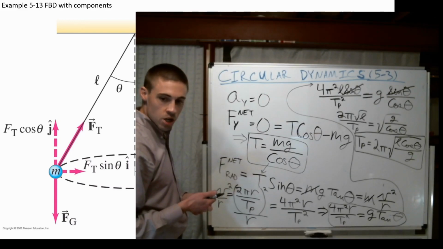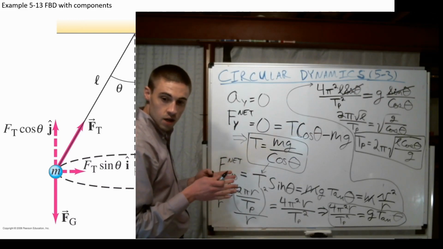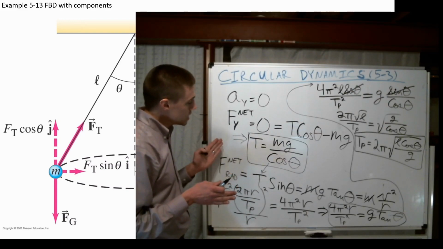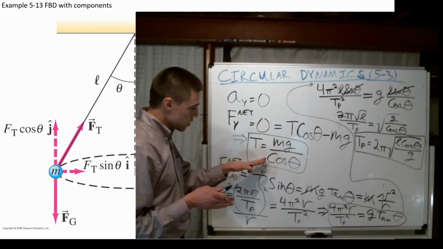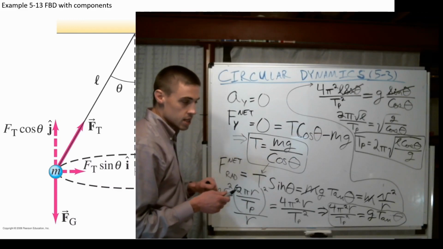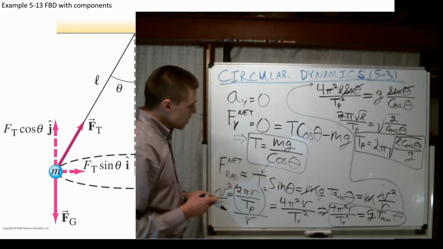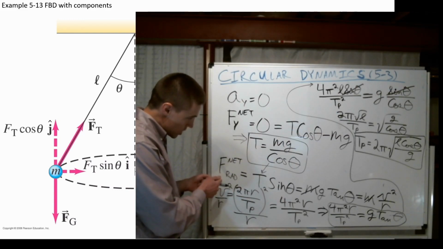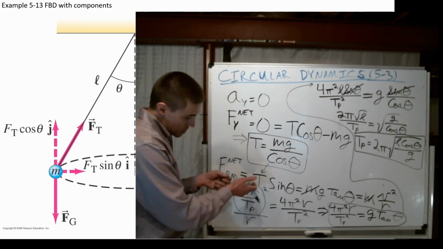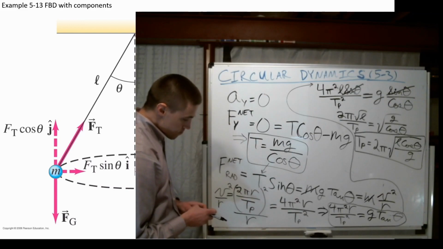So we couldn't jump right into the radial components and completely ignore the non-radial components. We needed that information to get some of these quantities that we'll need to find our final answer. The second thing is that we had to take all of the forces in the radial direction, sum them up, in this case there was just one, and set them equal to mv squared over r.